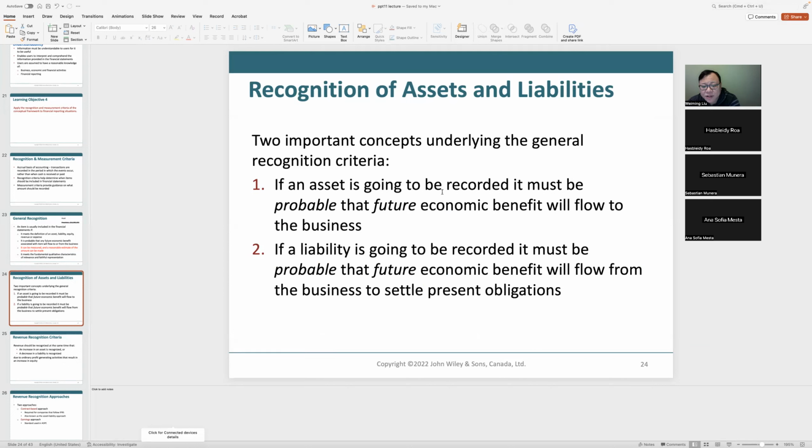If an asset is going to be recorded, it must be probable that the future economic benefit will flow to the business. Okay, so now think about this.